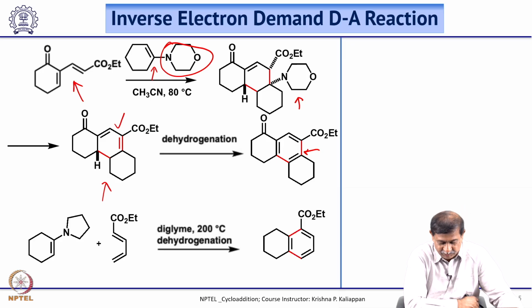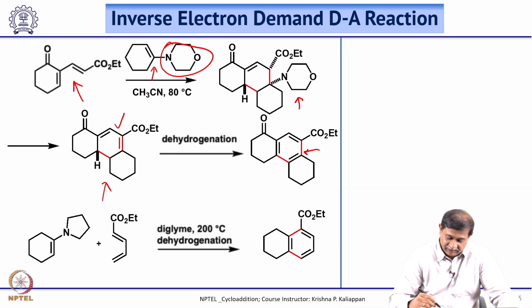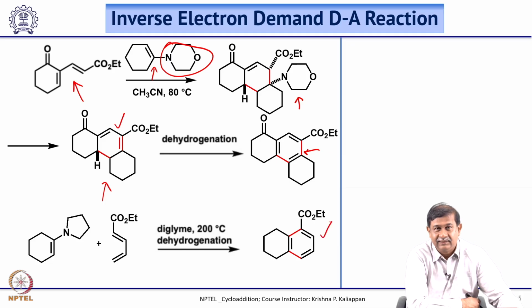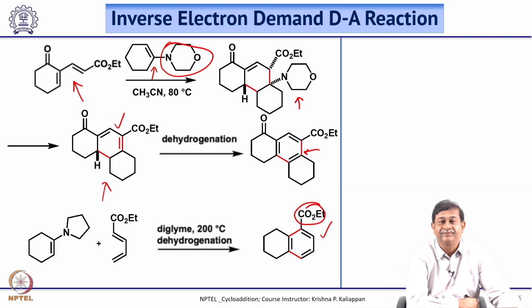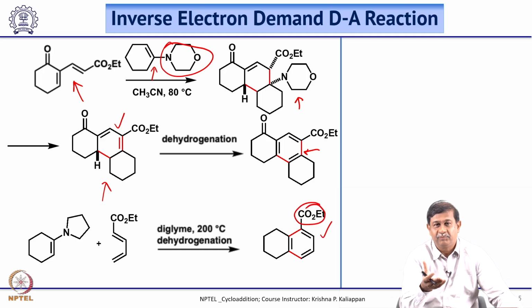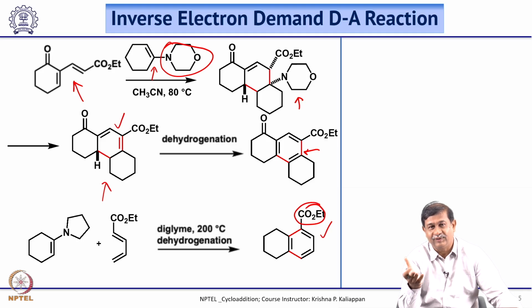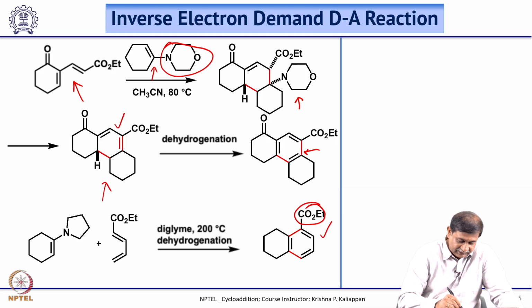Similarly, this compound can give a tetralin compound, a tetralin with ester. Okay. So, this is also possible via a sequential 4+2 cycloaddition followed by dehydrogenation.